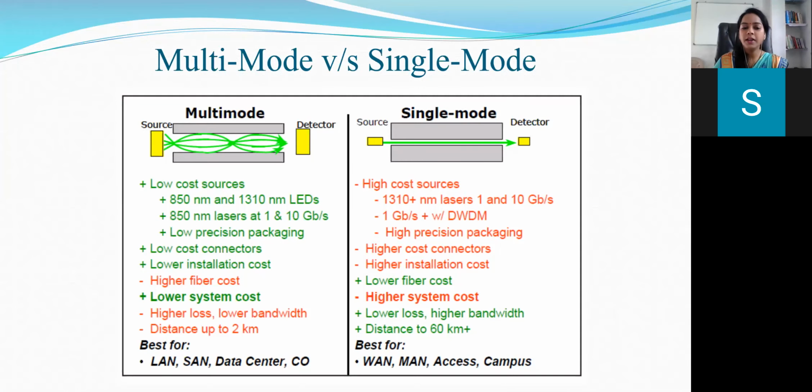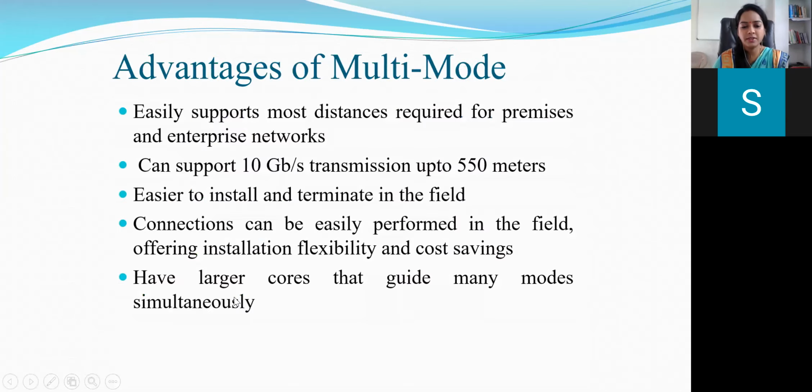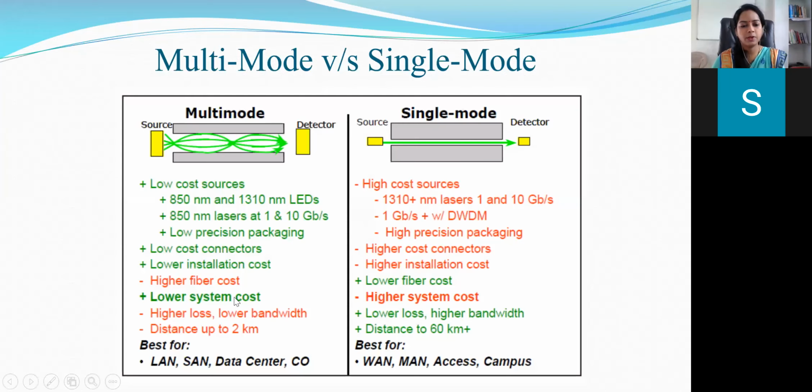That's why the installation cost is very low in multi-mode fibers, and installation cost is higher in single mode optical fiber.